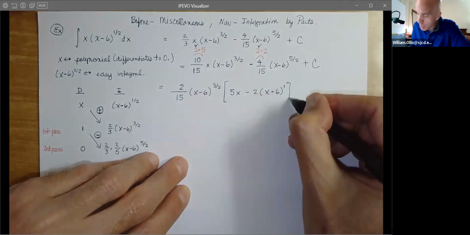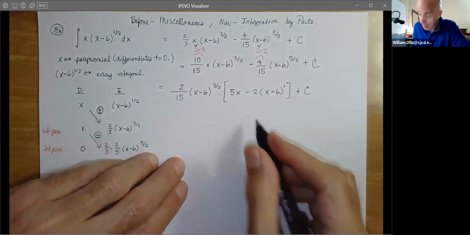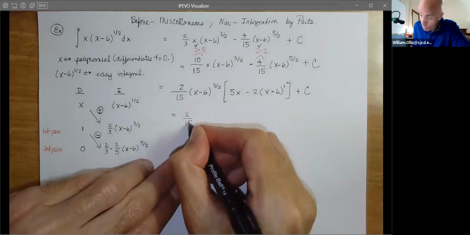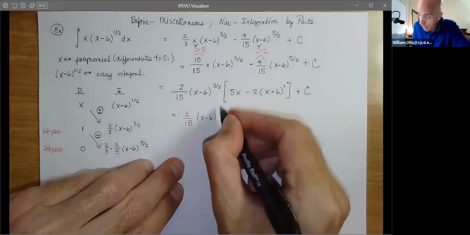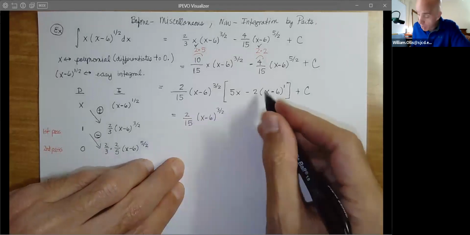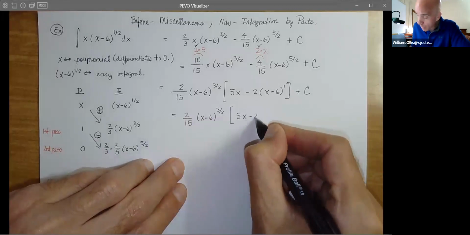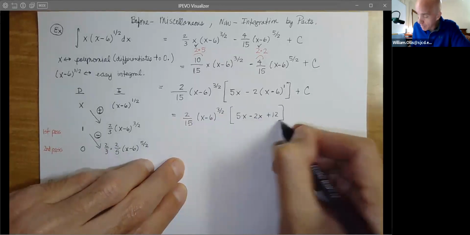I'm doing this because you may not have done this recently and you need to see it. So now we have 2/15, and of course this would have been done in Cal 1 anyway. And if not, you're seeing it now like you should have seen it then. So now we have 5x minus 2x, and a negative negative plus a 12 plus a c.